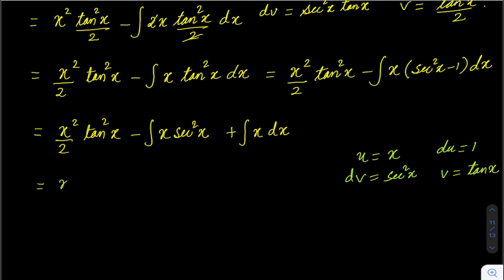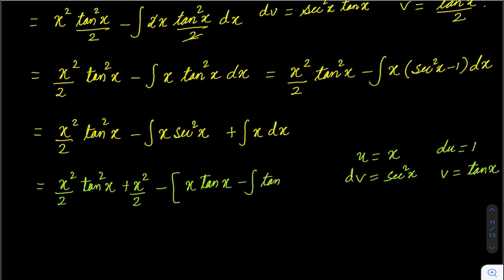So let's write this. So this is nothing but x square over 2 tan square x. Now I am writing integration of x dx first, that is x square over 2, minus. Okay, so this is u into v. So u is x, v is tan x, minus integration of differentiation of first, that is du, that is 1, into v, that is tan x.